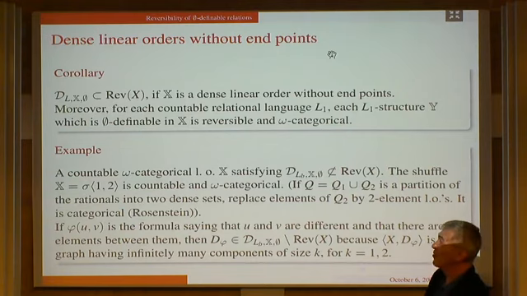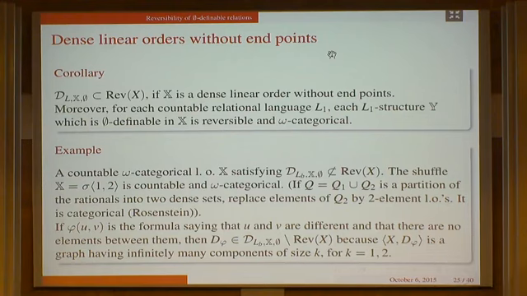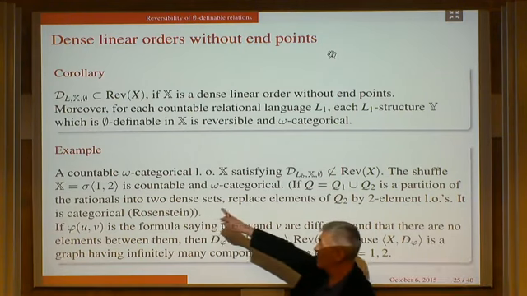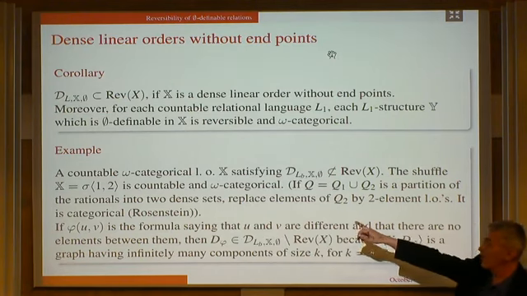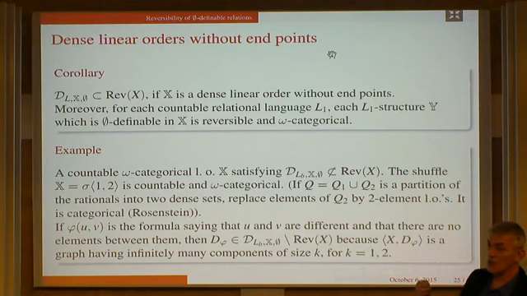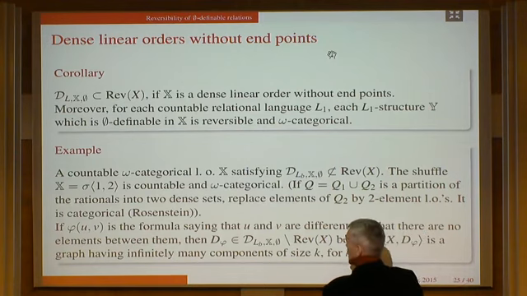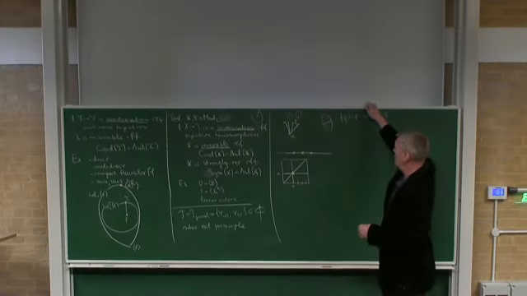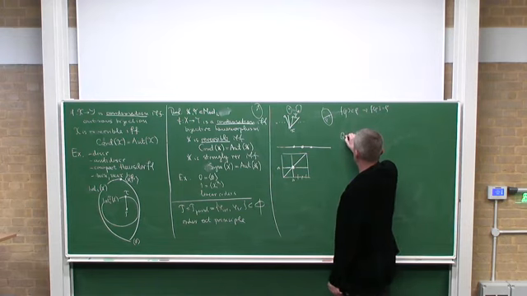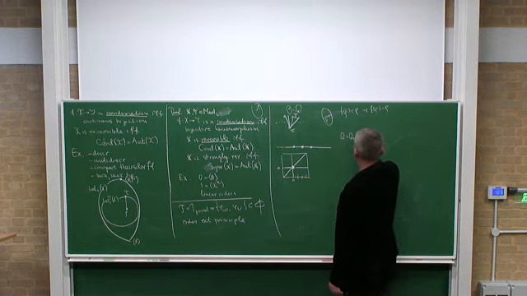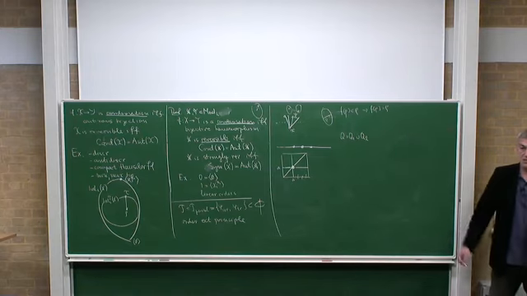Now, one can think that omega categorical structures should be reversible. No, the answer is no, and the example is very simple: a countable omega categorical linear order which contains relations which are not reversible. We take a shuffle of 1 and 2. What does it mean? We divide the set of rationals into two disjoint parts, Q1 and Q2, which are dense. It's easy to do.